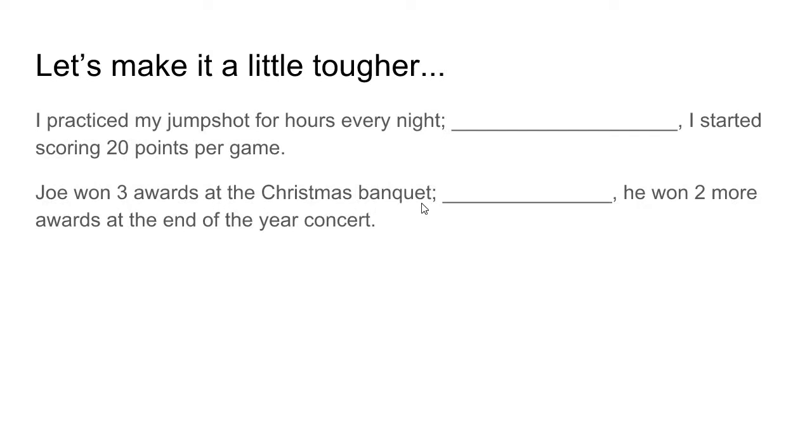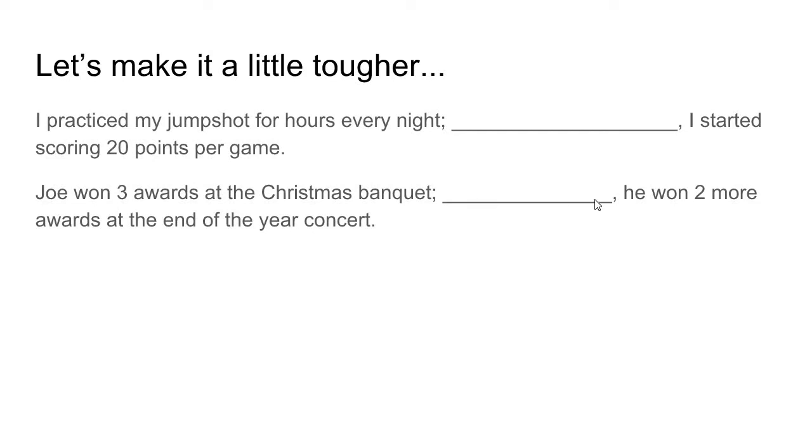Joe won 3 awards at the Christmas banquet, semicolon, conjunctive adverb, comma, he won 2 more awards at the end of the year concert. So if he won 3 awards at the Christmas concert, and then he won 2 more at the end of the year concert, that kind of feels like we're giving additional information, or we're giving an example.